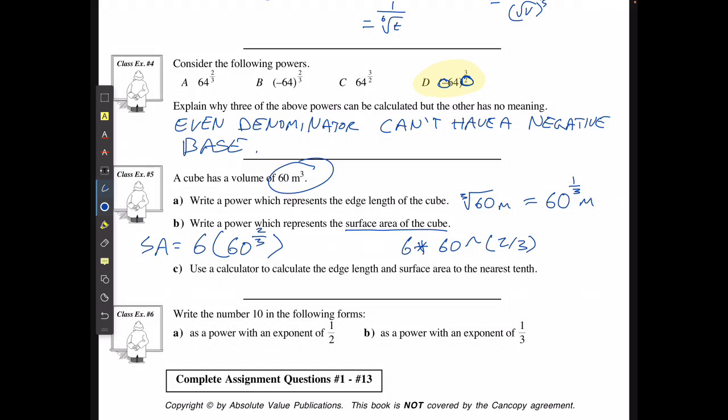And when I do this properly, if I go to the nearest tenth, I get 92.0 meters squared.